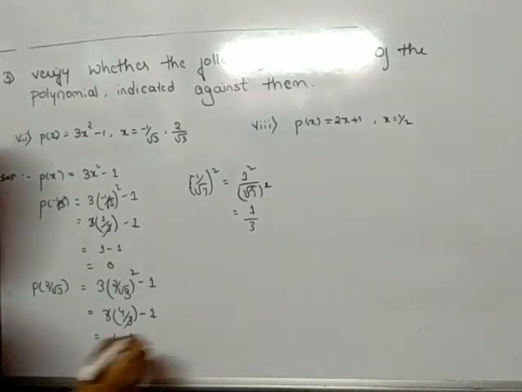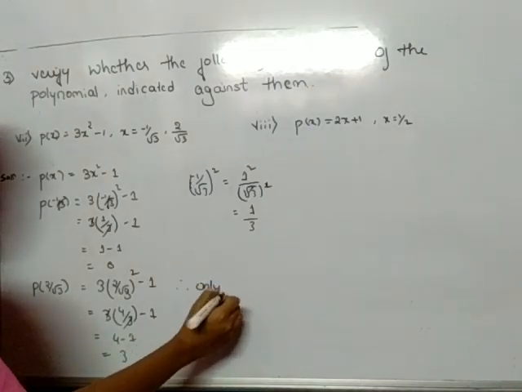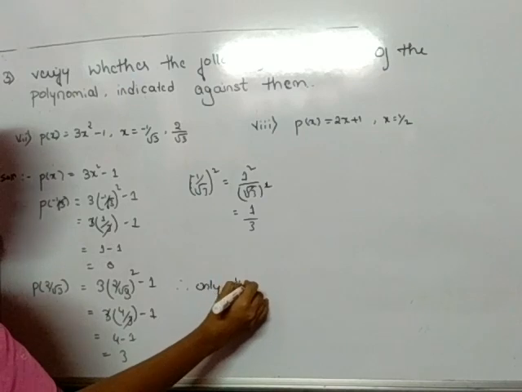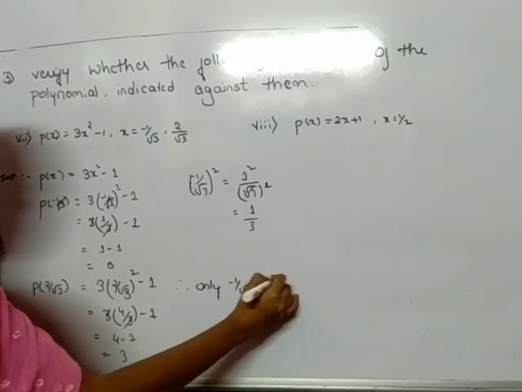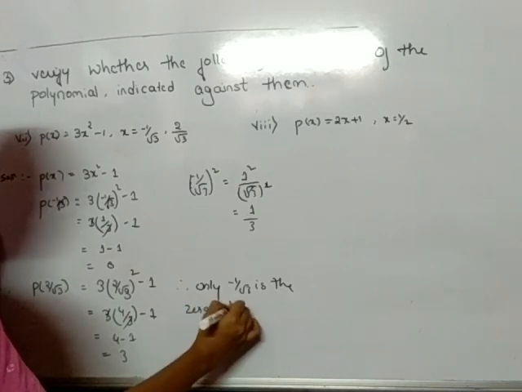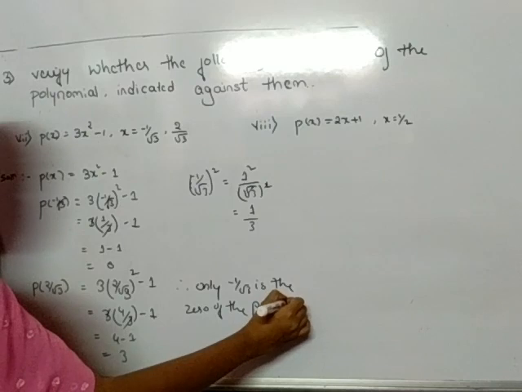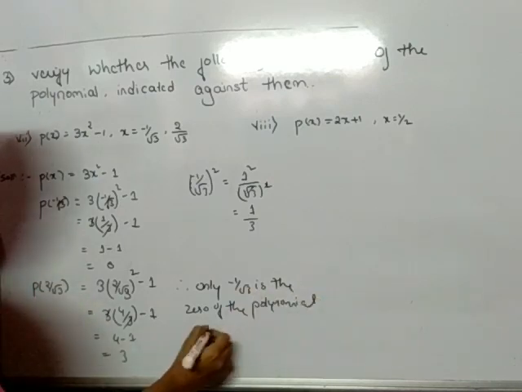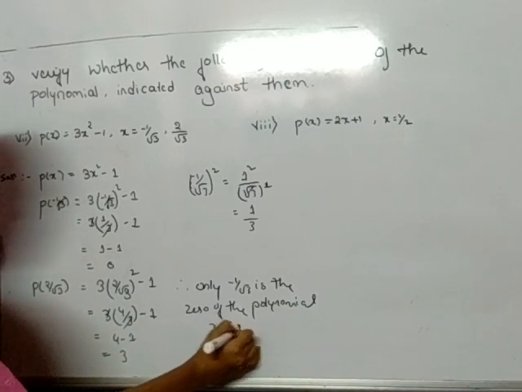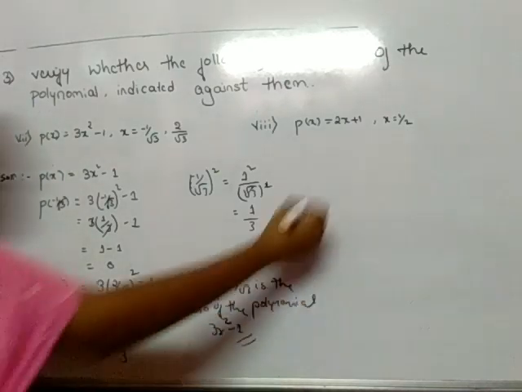So we'll write here therefore only minus 1 by square root 3 is the 0 of the polynomial which polynomial 3x square minus 1, right? This is the answer. And 8th one is homework.